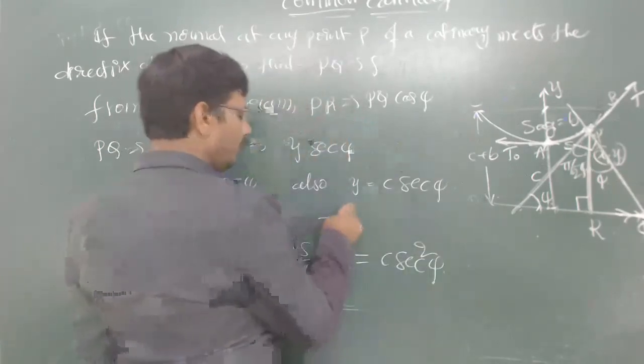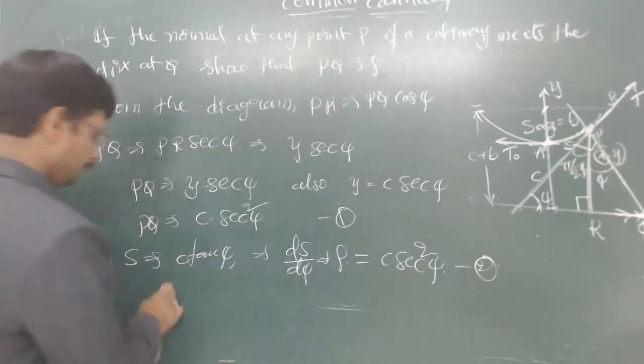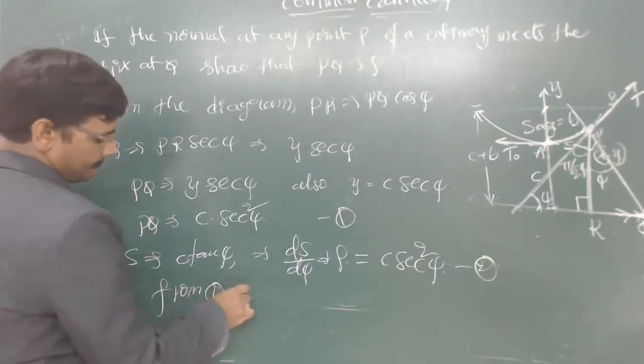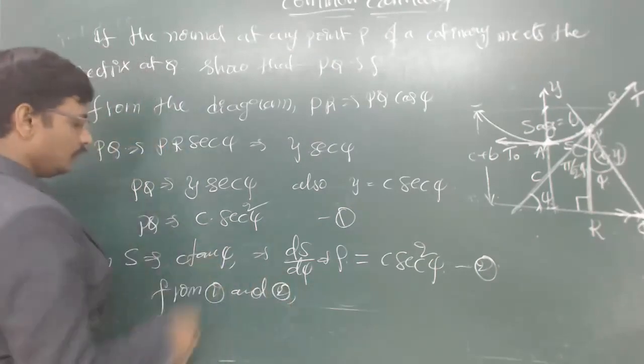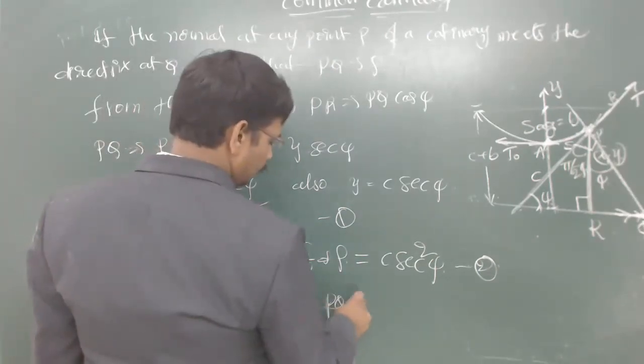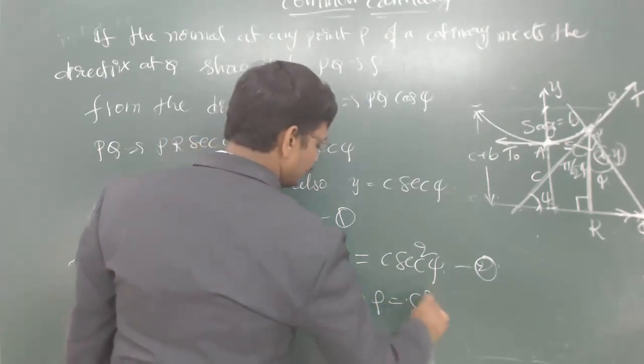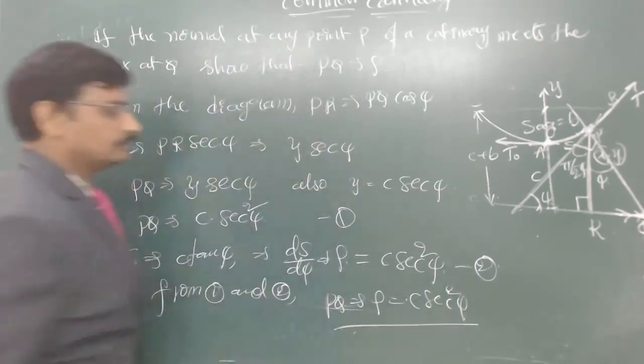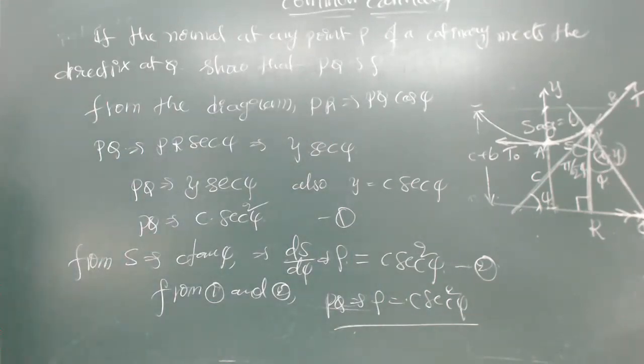So from 1 and 2 we have the relation, that is PQ is equal to rho is equal to c secant square psi. Got it? Any questions on this? No.